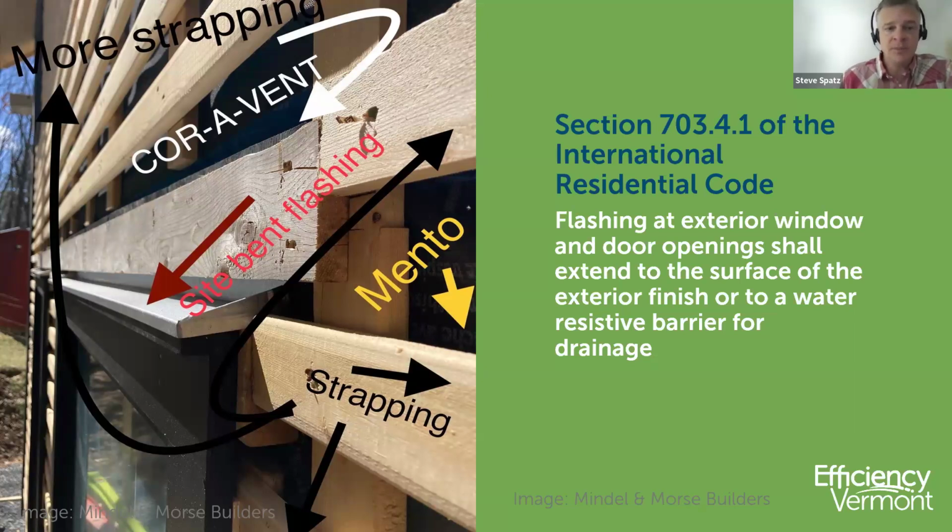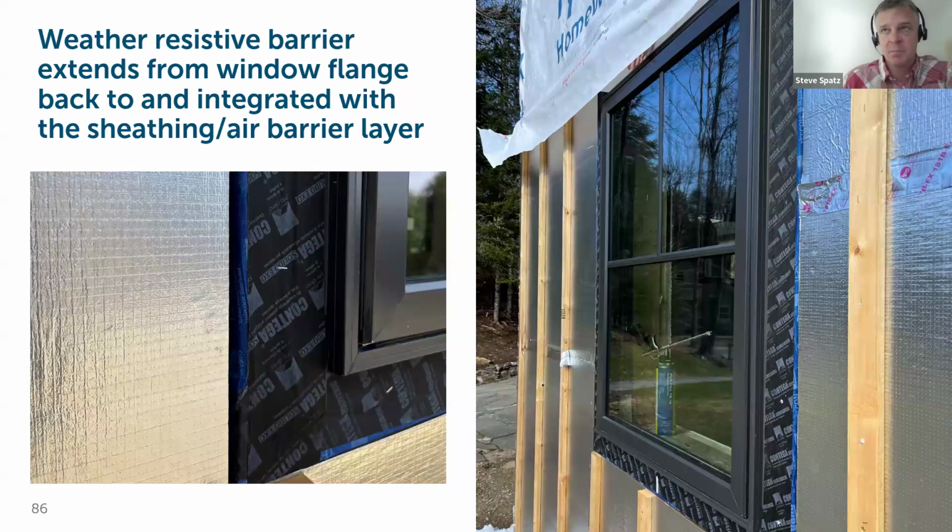So integrating flashing back to the WRB in continuous insulation assemblies is critical. And then how your drainage plane is going to interact with that as well. You need to be looking at these details and figuring these out ahead of time.